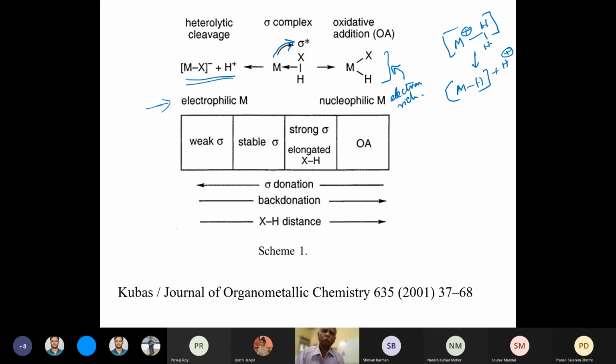is very important for metal dihydrogen chemistry or metal hydride chemistry, where the hydrogen is now activated. What do we mean by activation? The dihydrogen is a bound system which does not react readily with an olefin. You want to activate it, and you can do it either by electrophilic activation or oxidative addition.